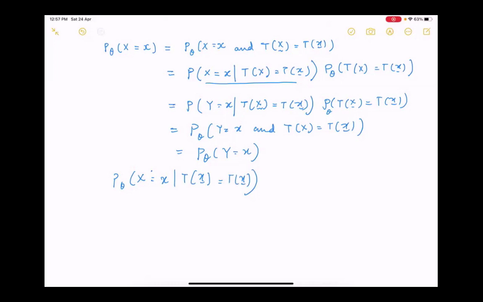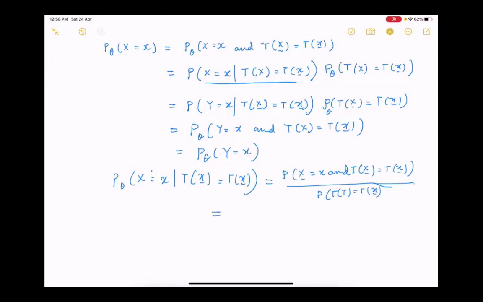It is like the probability of A given B. You can write it by the simple definition as the probability of A and B divided by the probability of B. So this is X equal to small x and Tx equal to T of small x, divided by the probability of Tx equal to T of small x.